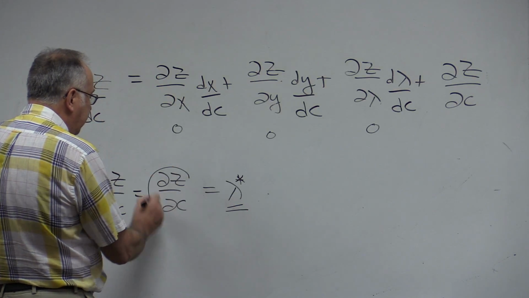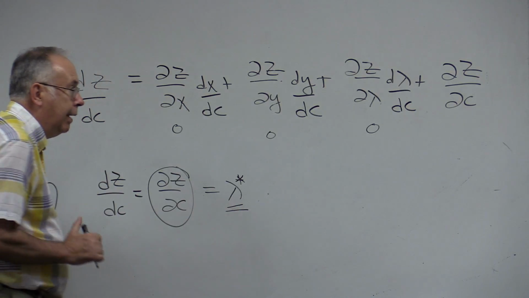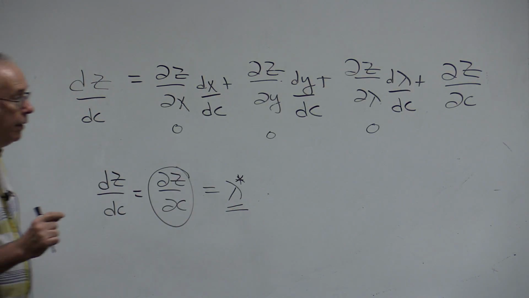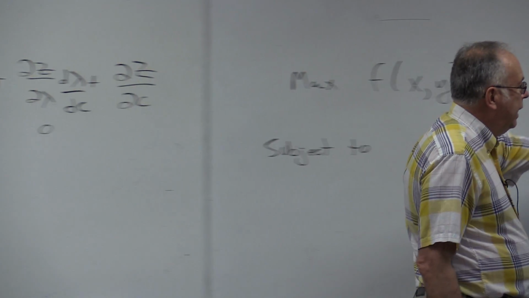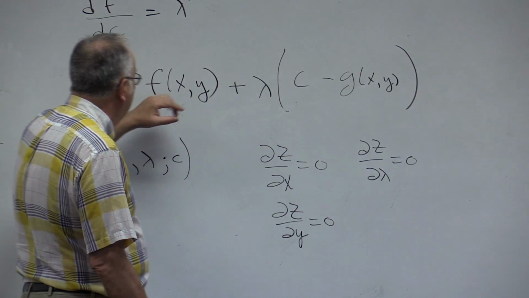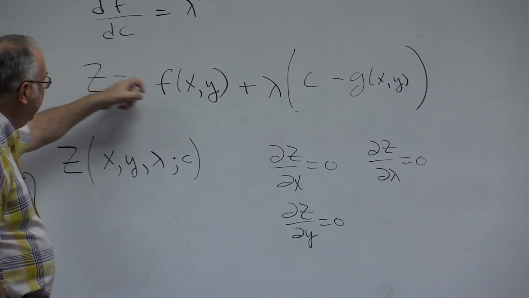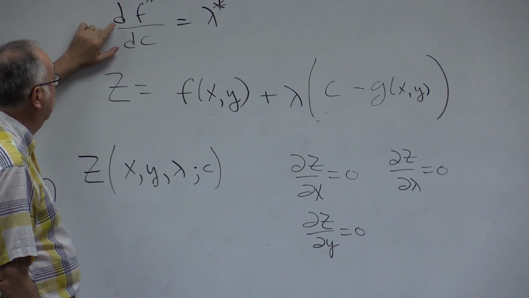So what this shows you is the rate of change of z with respect to the constant. The change in the constant is just lambda star. Now, if the constraint is exactly binding, then this term drops out too. And then the change in z is the change in f. So you get this result.